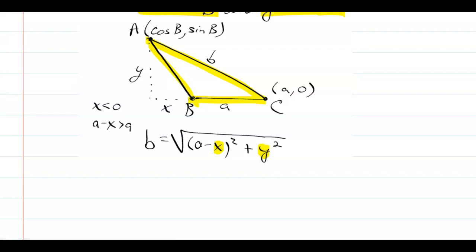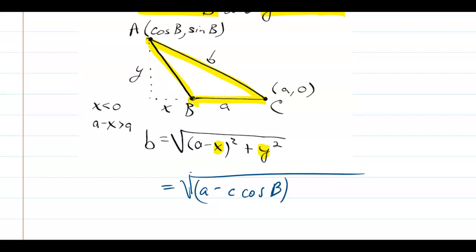And we'll get the following, that this is the square root of a minus c cosine of b, that's squared, plus c sine of b minus 0 squared, like so.